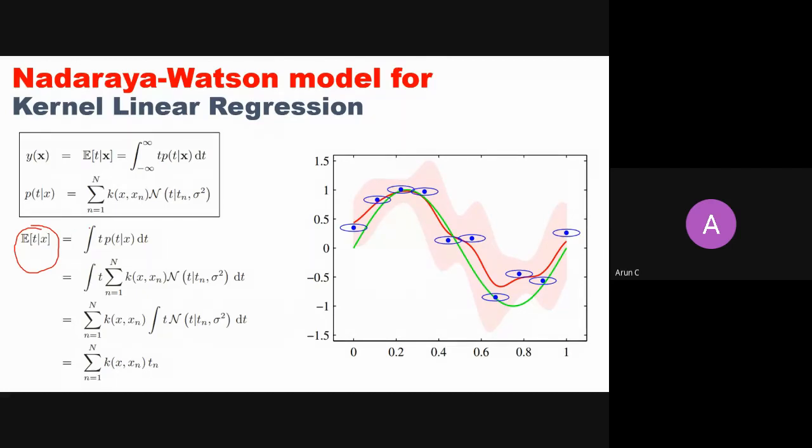And to find this conditional expectation, we need this value, the probability of t given x. So let's calculate this value first, the probability of t given x.